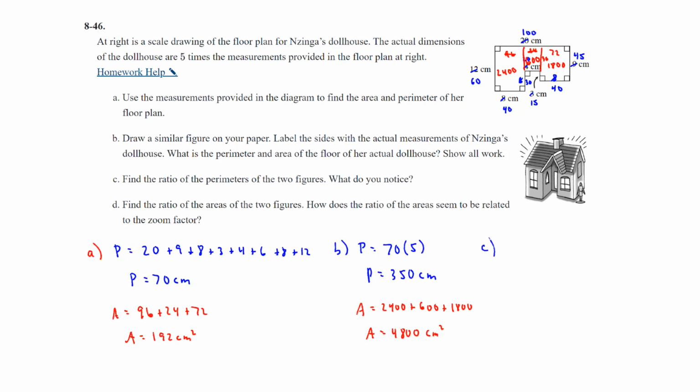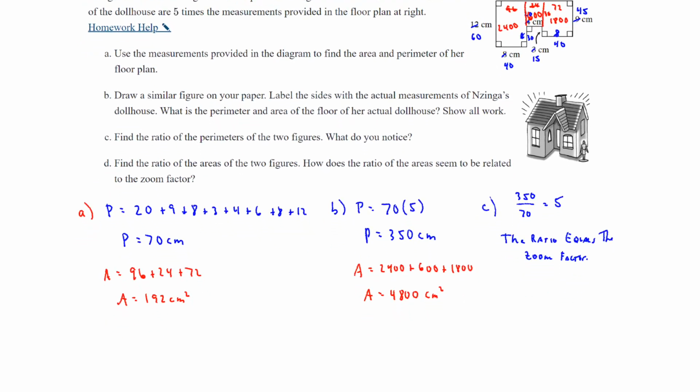So the ratio, if we start with the perimeters, was 350 centimeters to the 70 centimeters, and what we found out was everything got multiplied by 5, and so the zoom factor was 5, and the perimeter also increased by that same ratio of 5. So on that, I said the ratio equals the zoom factor.